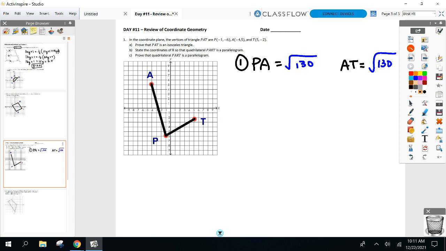All right, keep moving. You know my next step is always, what did we learn? What did we just figure out by doing the distances? PA, please don't put it's isosceles yet. PA congruent to AT because distances are equal.